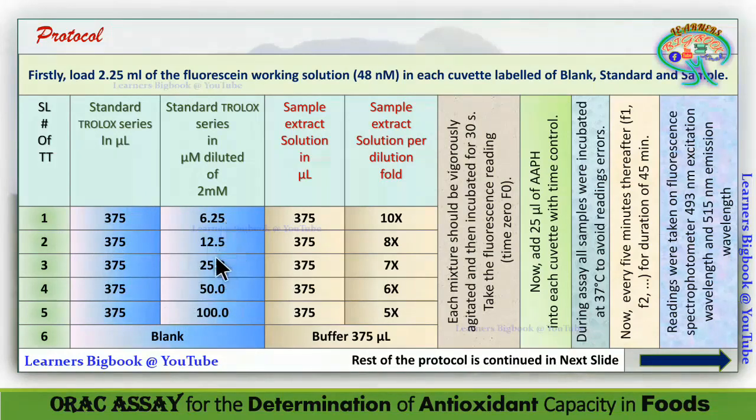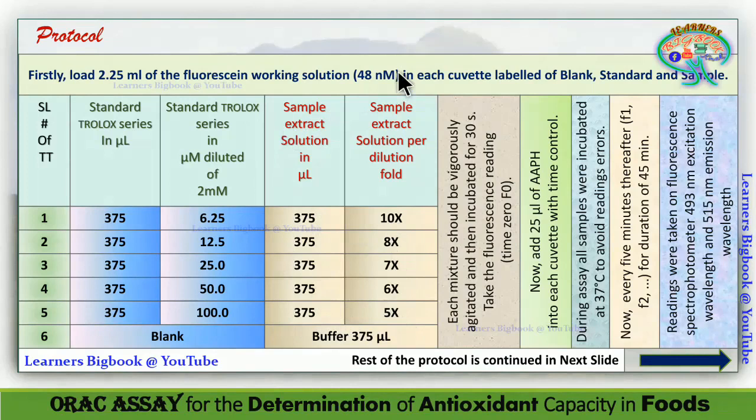In the same way, the sample which has been extracted and separated in the form of concentration folds, we are also going to take 375 microliters from each respective concentration into the cuvettes.